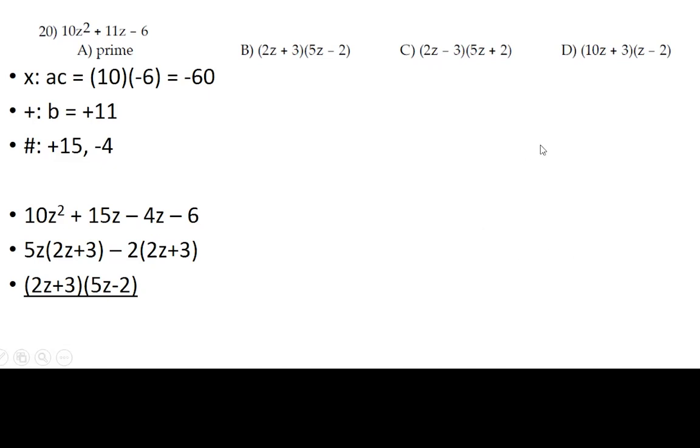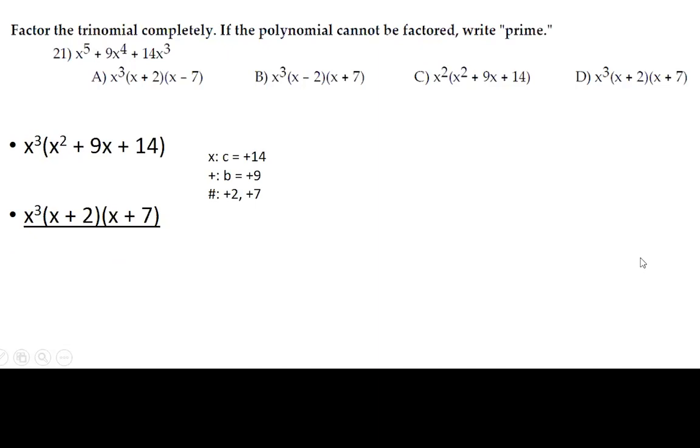Number 21. We have x to the 5th minus 9x to the 4th plus 14x cubed. Don't start off by looking for the multiplication or addition goals, because the unwritten first rule of factoring anything is factor out the GCF first.